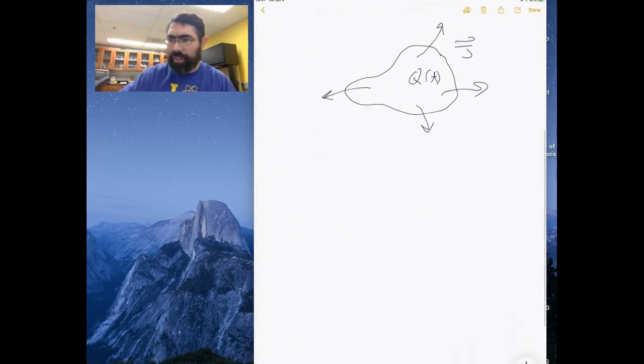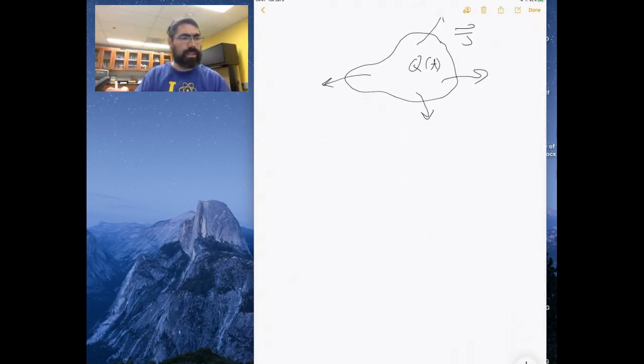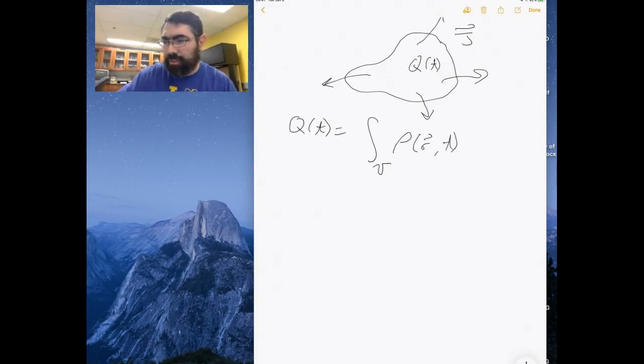We can quantify that by saying this total amount of charge is basically the integral inside my volume of the charge density, which I can then integrate over the entire volume of the system. So that's the total amount of charge at a given moment in time.